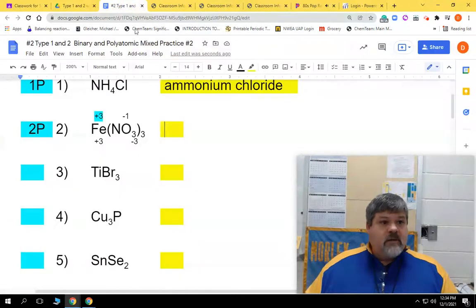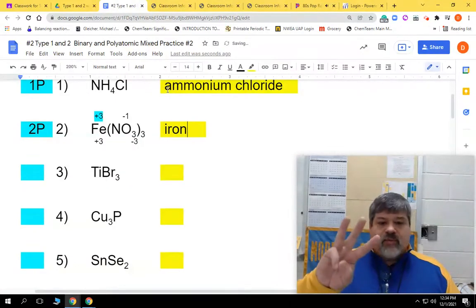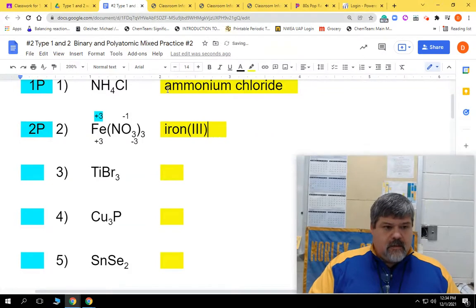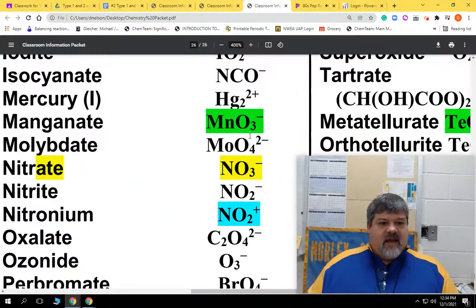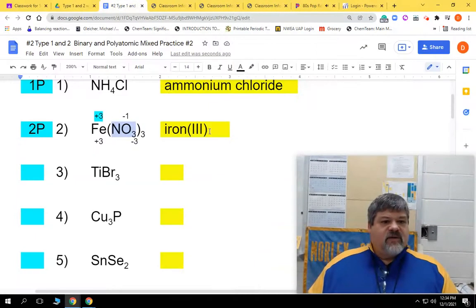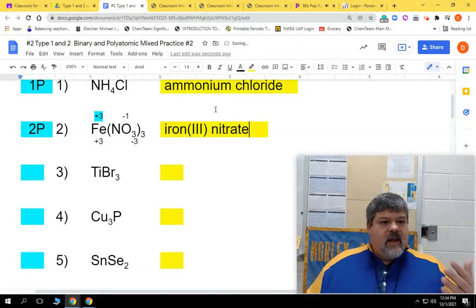Yep, iron. So iron, and then Roman numeral 3. And then we're going to put NO3. NO3 was nitrate, so we're just going to write down nitrate. And again, there you go. There's the name for that type.